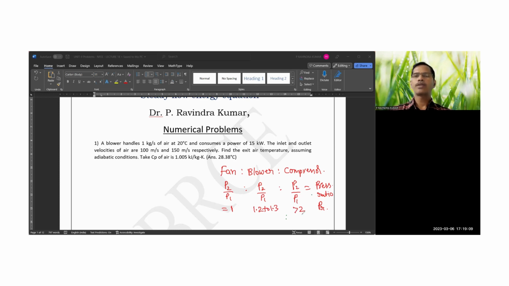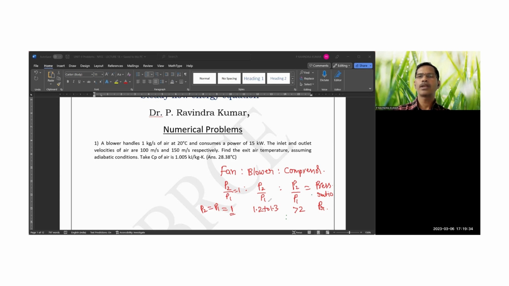There are different types of compressors. While dealing with mechanical systems, you can come across them, but in all the cases, the pressure ratio is important. For a fan, P2 is equal to P1 because the ratio is 1. P2 by P1 is 1.2 to 1.3 for a blower.